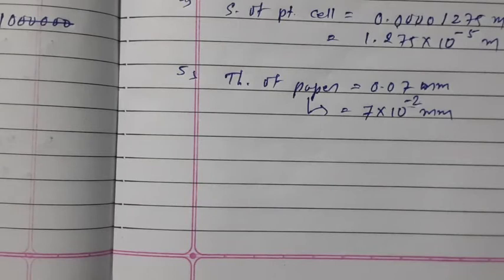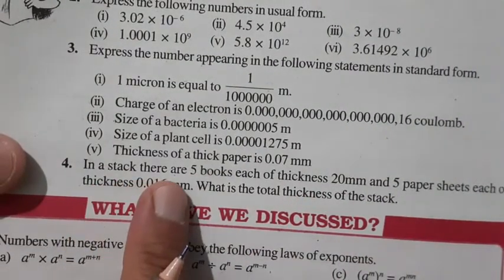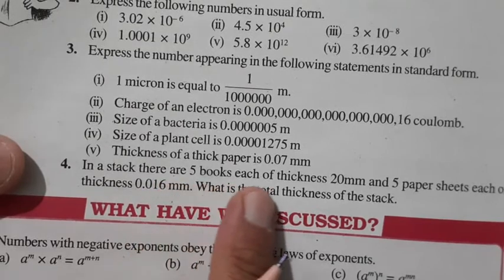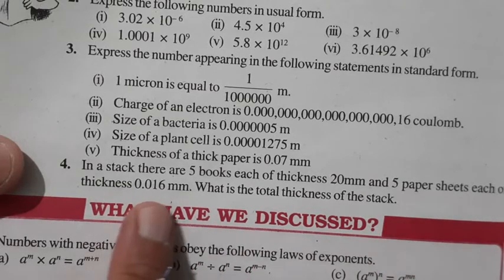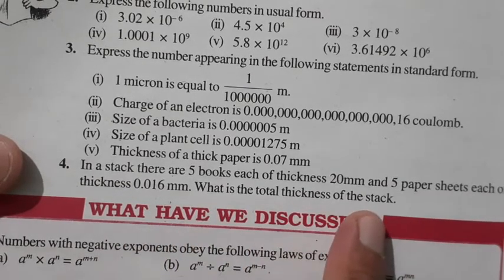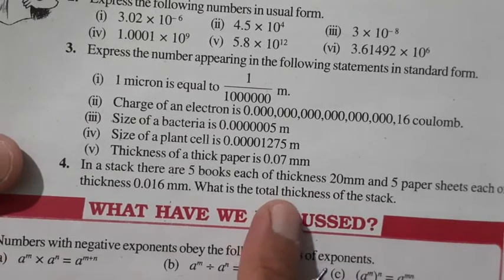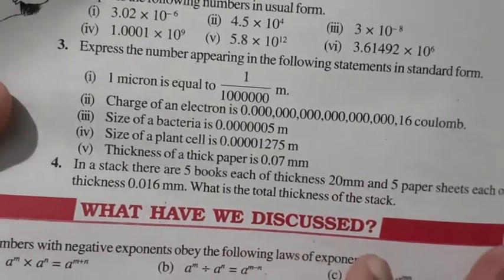Let me read that one. Look, in a stack there are 5 books each of thickness 20 mm and 5 paper sheets each of thickness 0.016 mm. What is the total thickness of the stack? Okay, and you just find the answer in standard form. So first we write down what is given.